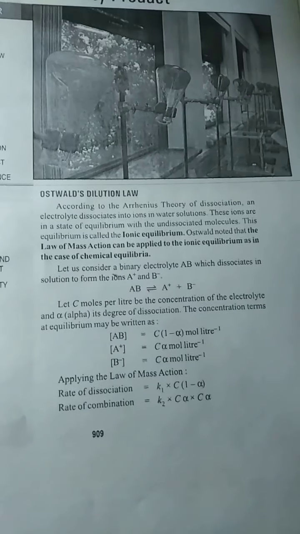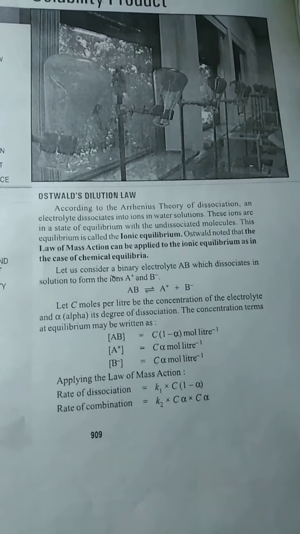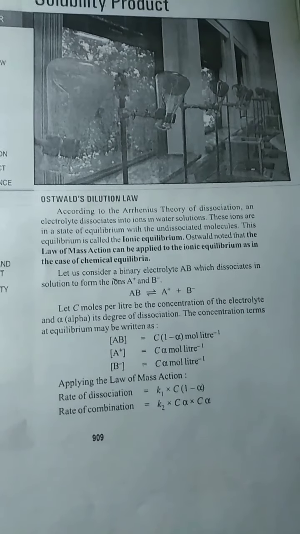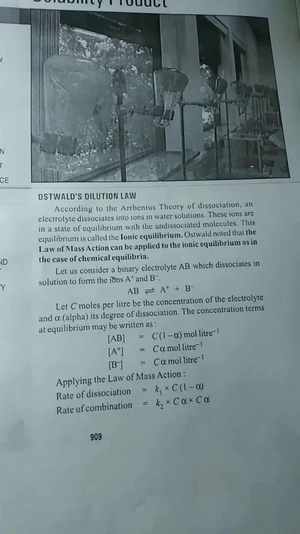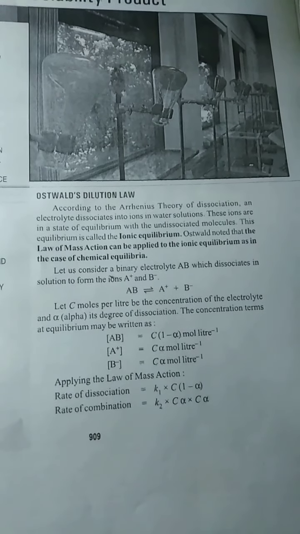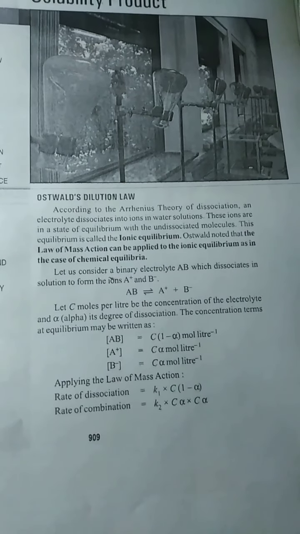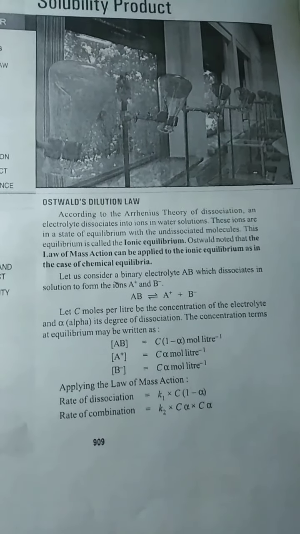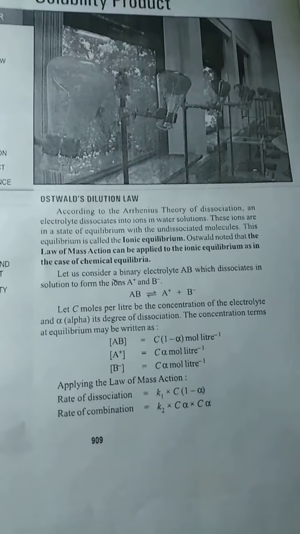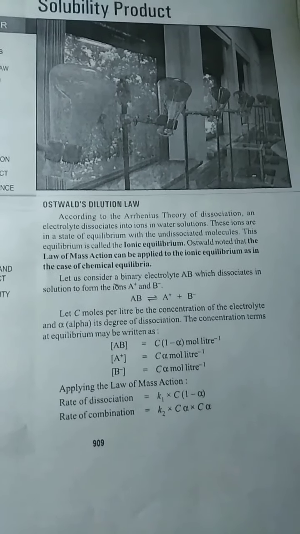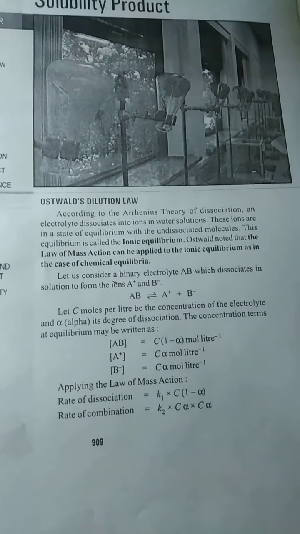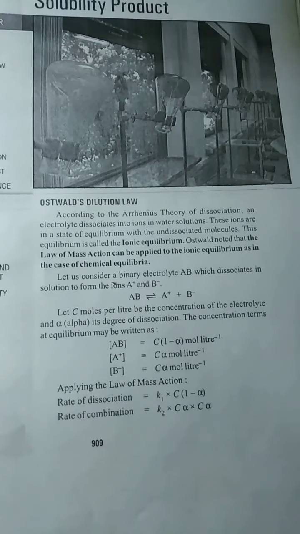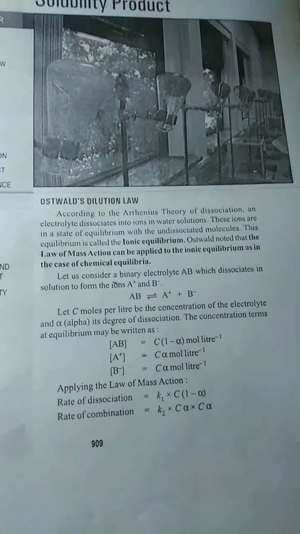Let us consider a binary electrolyte AB which dissociates in the solution to form A positive ion and B negative ion. Let C mole per liter be the concentration of the electrolyte and alpha the degree of dissociation.